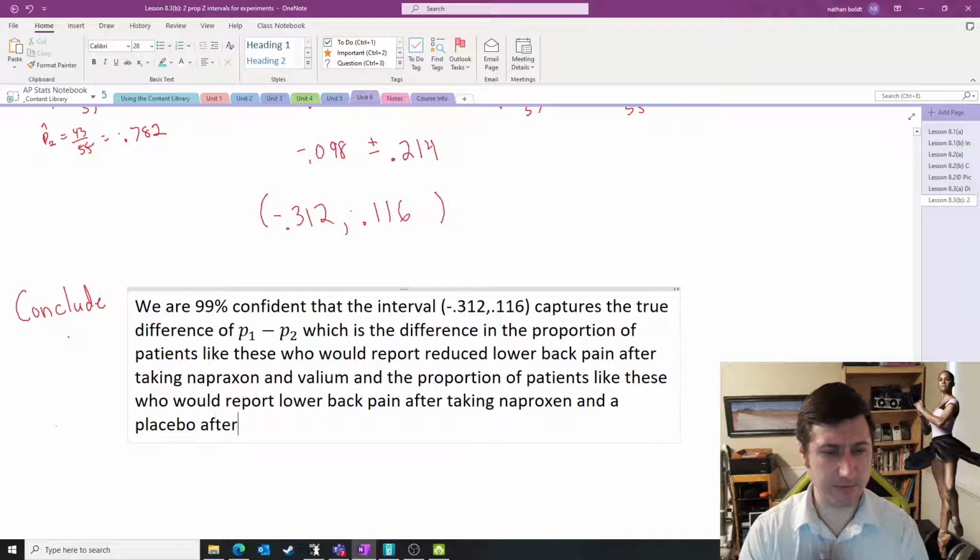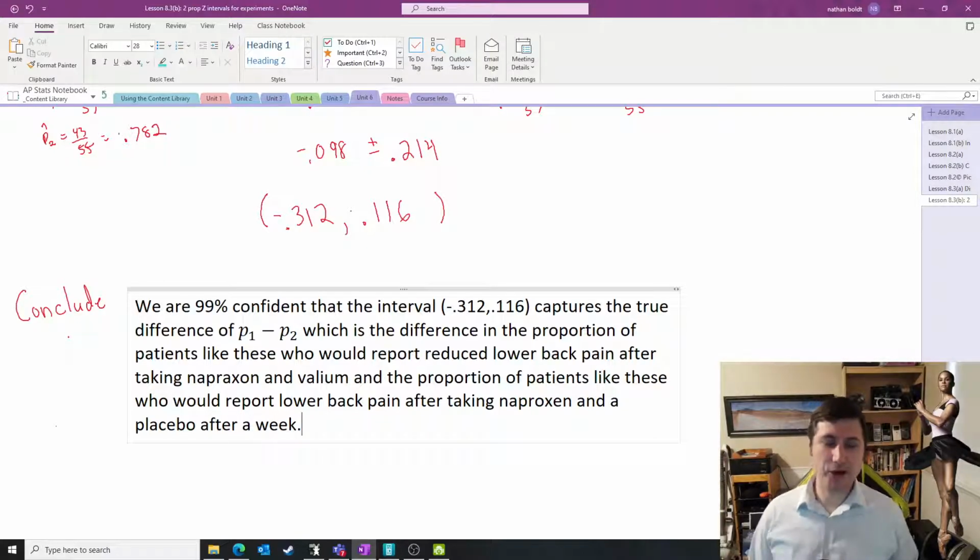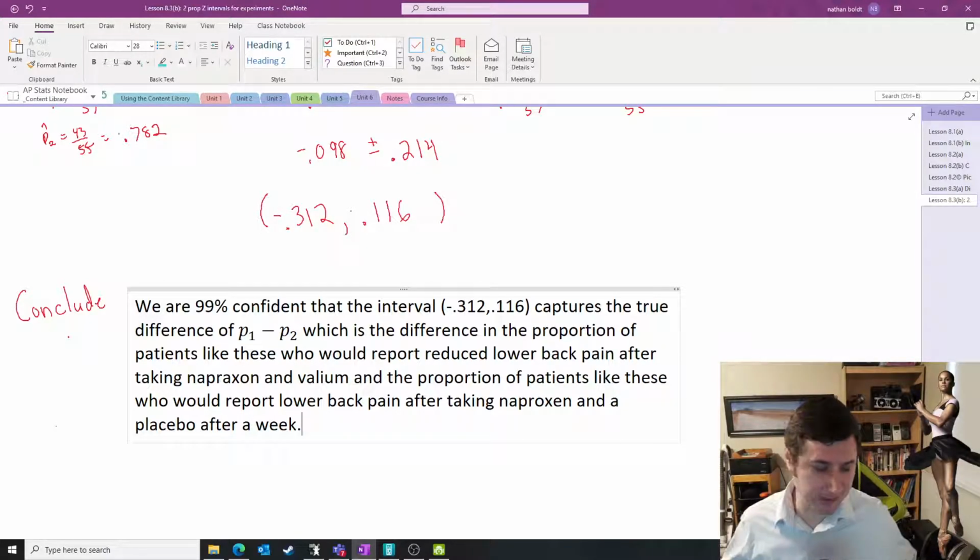After a week, right? I know that looks like a lot, but hopefully it's such autopilot. You really are just taking the exact context from the problem as precisely as you can. That way you're not saying more than you are allowed to say.